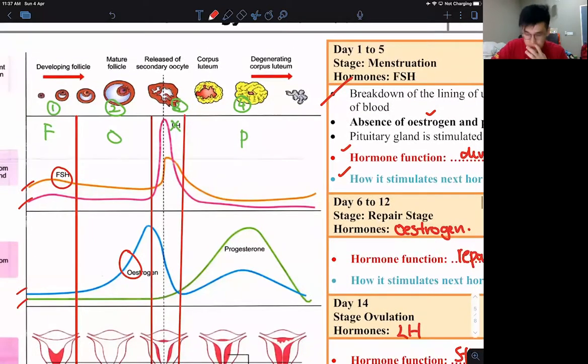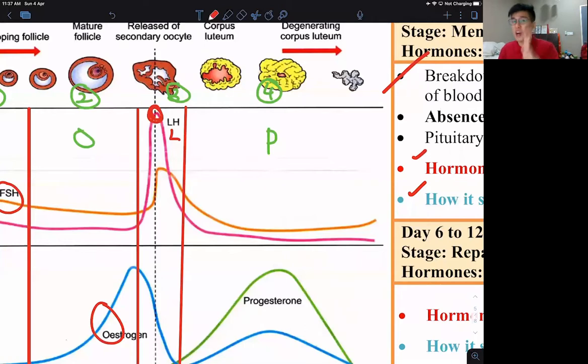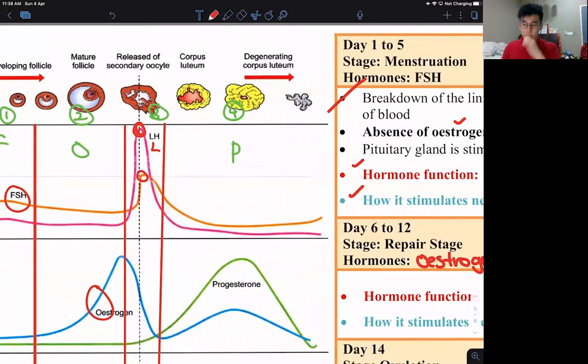That's why at day 14, LH is the highest. So over here, I know that the third stage is L, so the highest one is LH. But obviously, your FSH also will increase slightly because you need your secondary follicle to become the Graafian follicle. Then when there is LH, ovulation occurs. And actually, LH is the easiest to recognize because LH will only peak for 1 day.